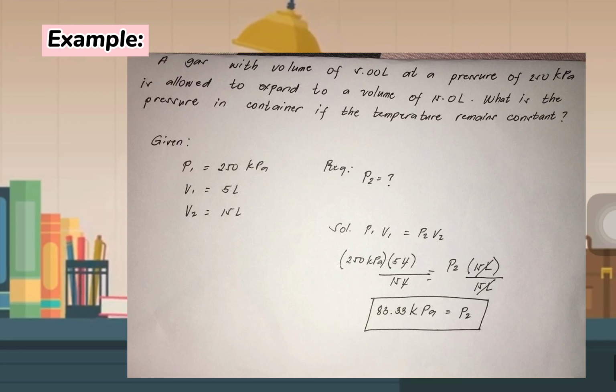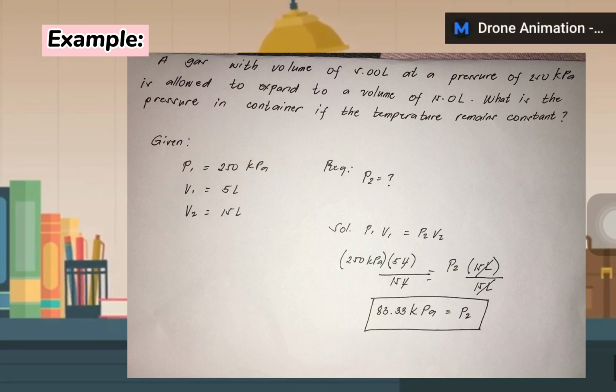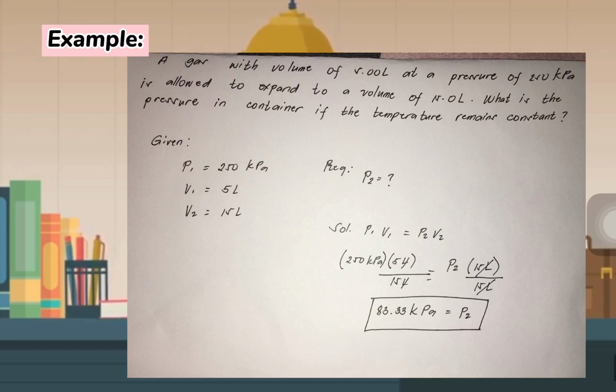Then on the other side, we have to cancel the units only. Then multiply and divide. So 250 kPa times 5 divided by 15. So the answer will be 83.33 kPa, which will be our second pressure. And this will be our final answer.